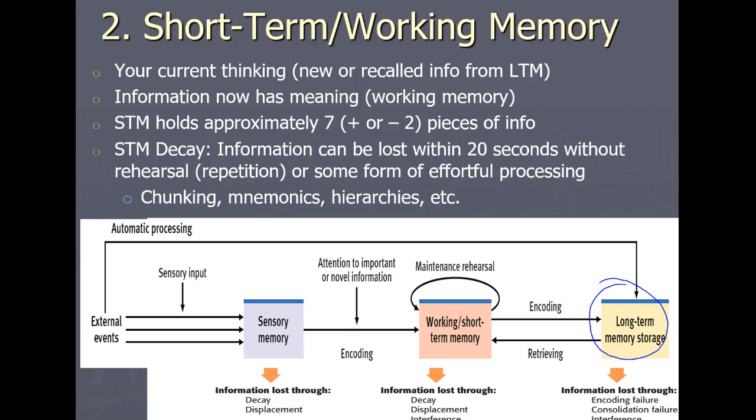So I used something I already had stored in long-term memory to help me process that information. So my PIN number was here when I first got it. I related it to something I had in long-term memory, and then was able to keep that stored in long-term memory because of that.